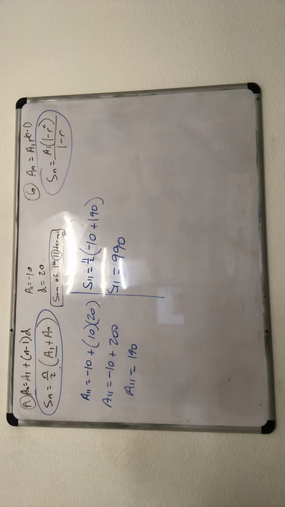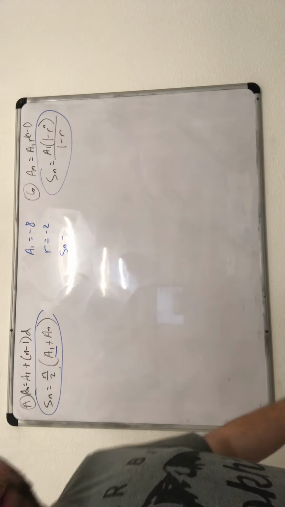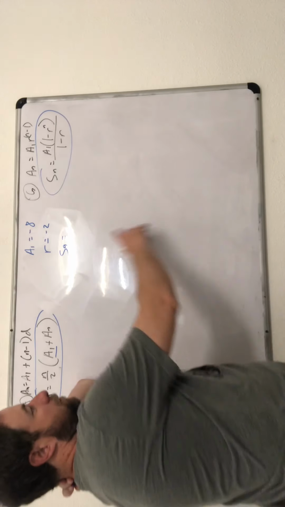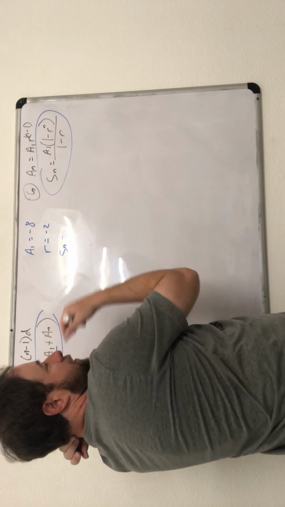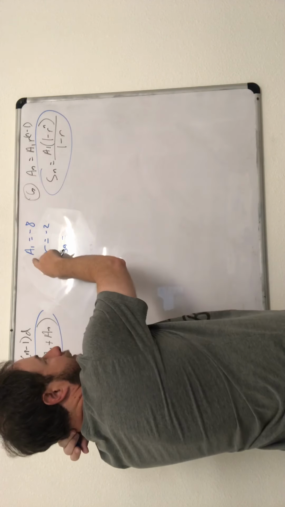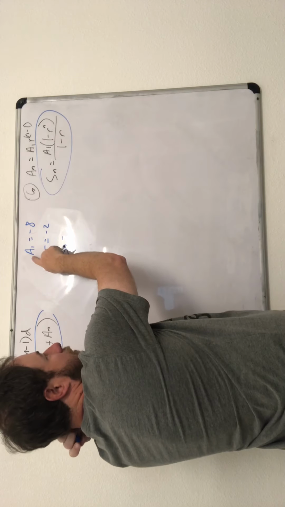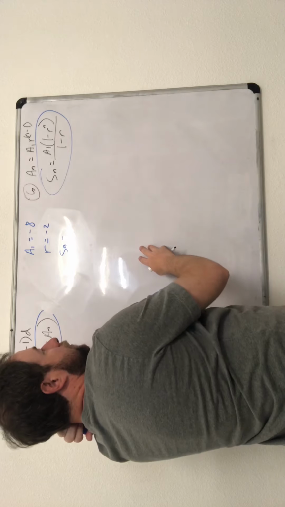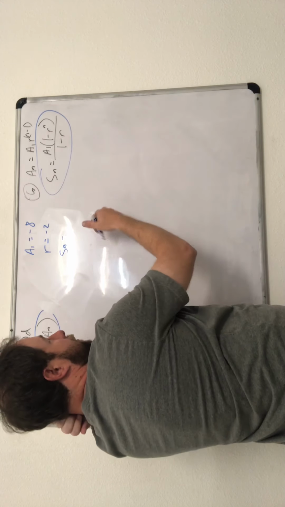Not too tough. Similar concept when you go over to the geometric side. They want to find the sum of the first 9 terms. And they tell us that a1 is negative 8, and the ratio is negative 2. So let's go ahead and find the 9th term first.